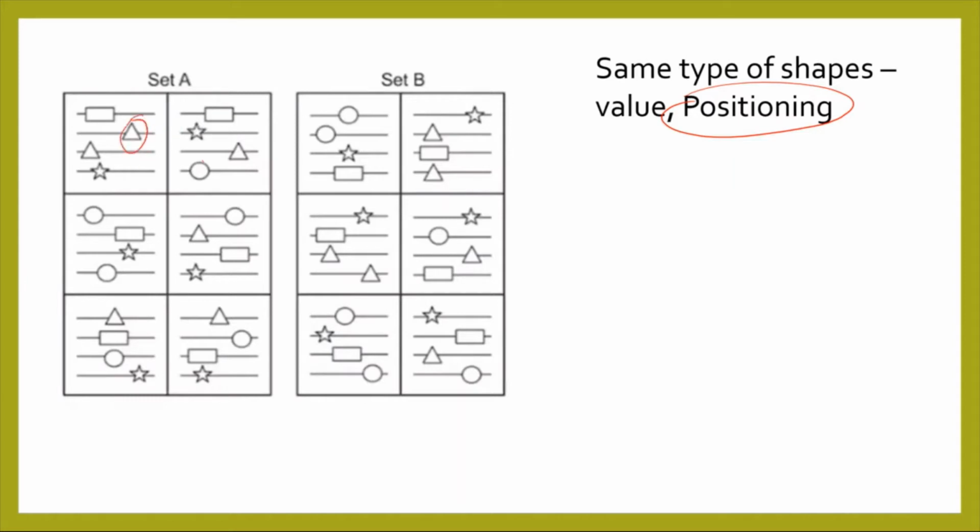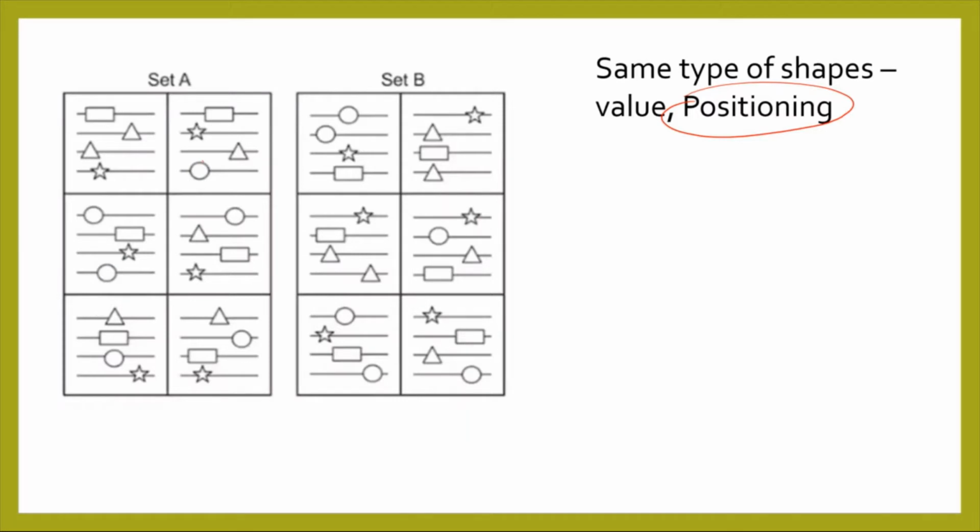For example, the triangle is in the second and third, second, first. I can't really come up with a rule here. And a star is in the fourth one, in the second one, and I won't be able to come up with a rule for a star and a circle either because they're all in different areas.